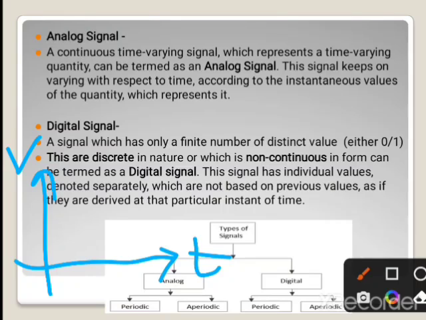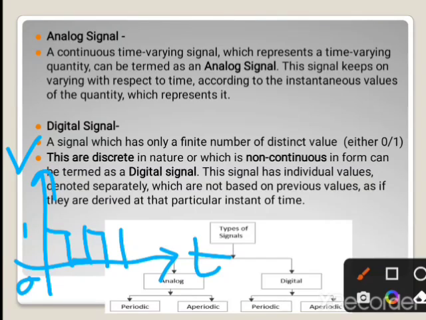So now what is a digital signal? A digital signal has only a finite number of distinct values, either 0 or 1. It means this is your 1, this is your 0. So this is nothing but a digital signal. You just get either 1 or 0. It's like a pulse. So this is called a digital signal.